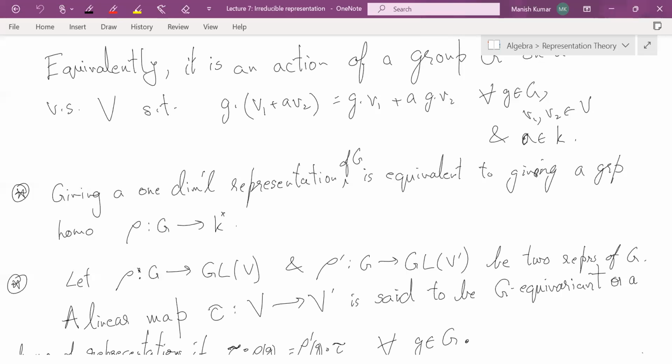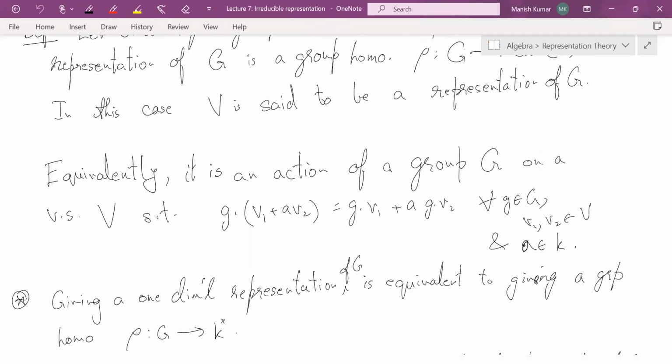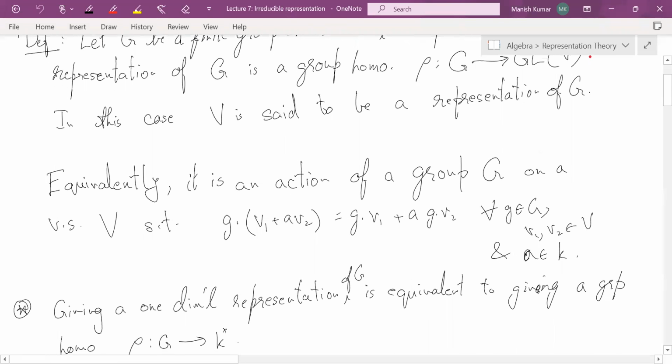In terms of action, it means that G acts trivially on this one-dimensional vector space. Here, if you write it this way, the vector space is missing because you have identified GL of a one-dimensional vector space as K cross.